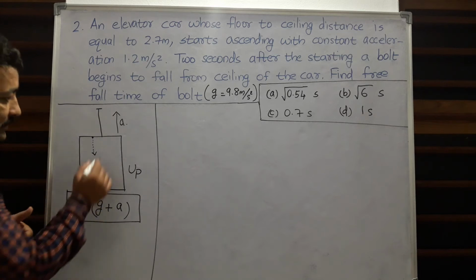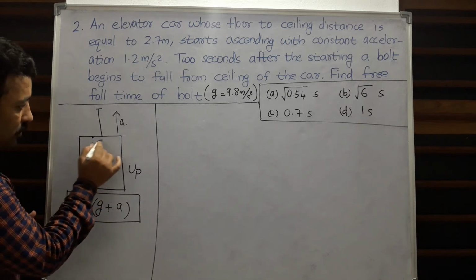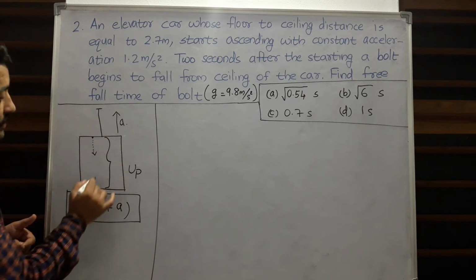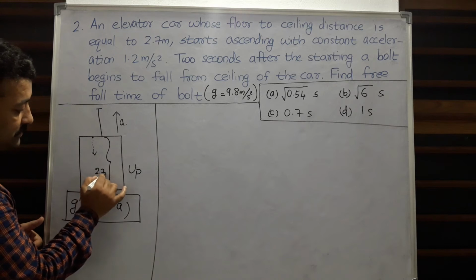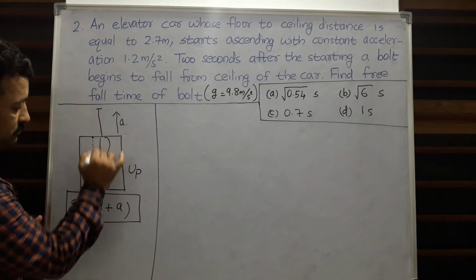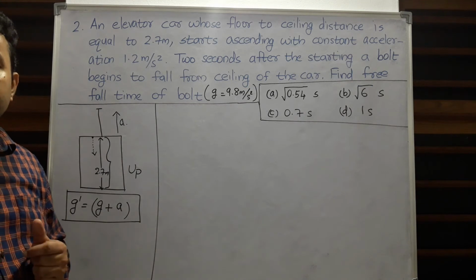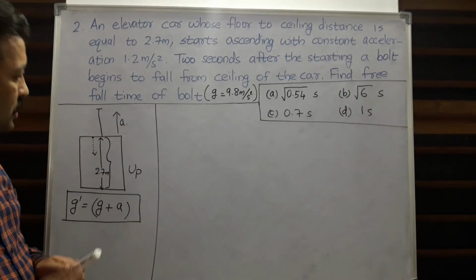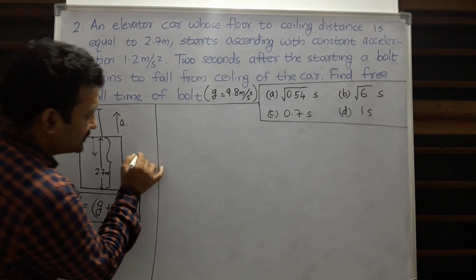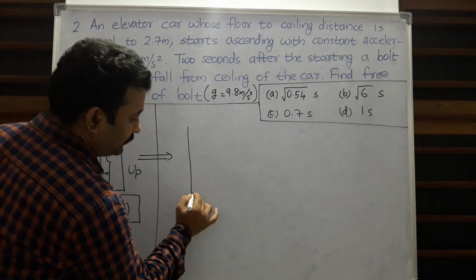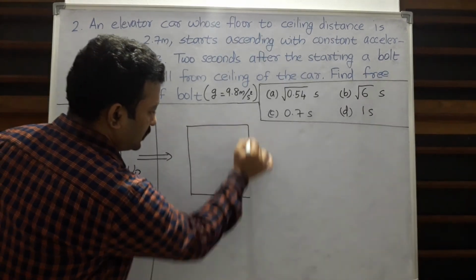Now what is the time taken by this bolt to fall through this height? What is that height which is given? 2.7 meter. That's the height. The problem is to find the free fall time. So now I can draw an equivalent diagram for this, in which I can consider that the lift is at rest.